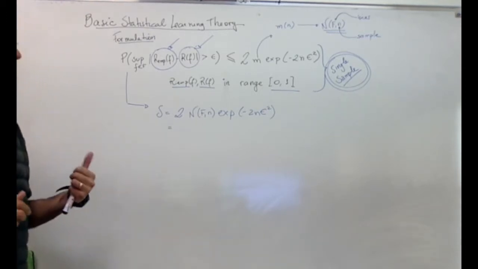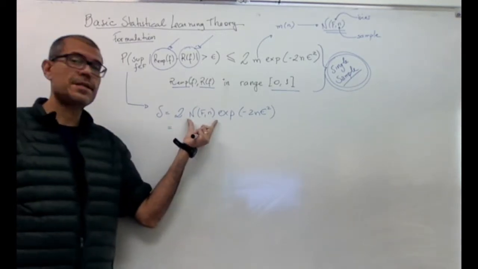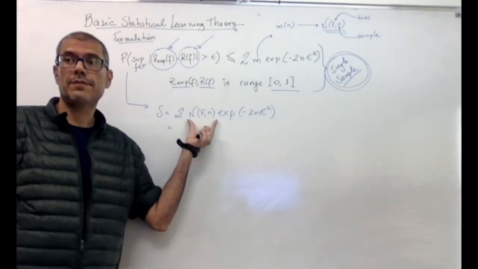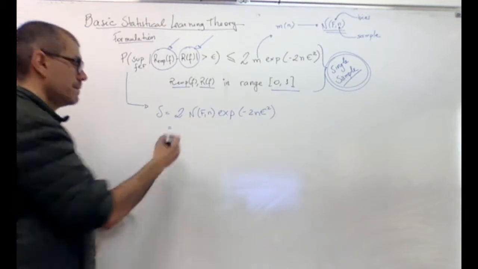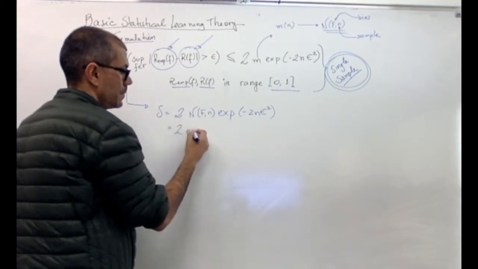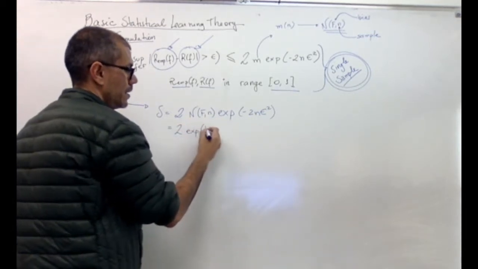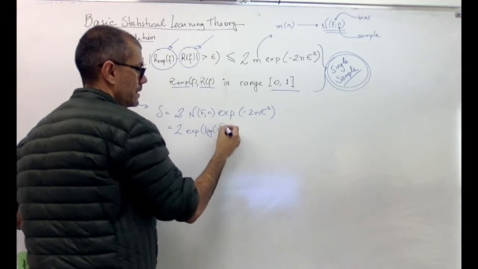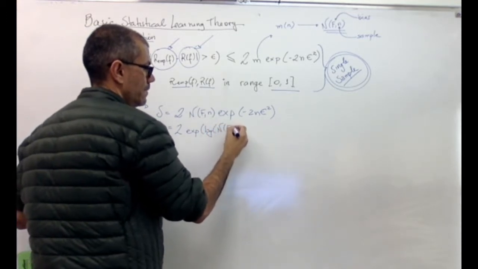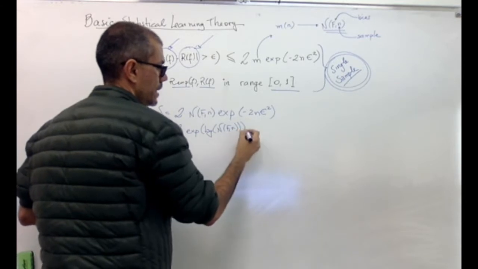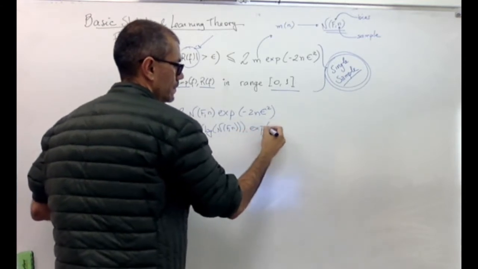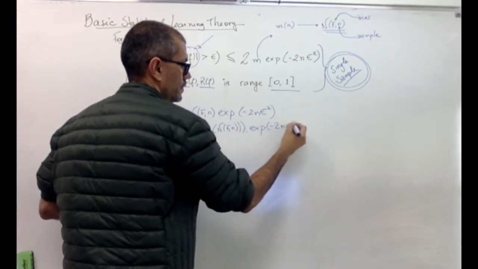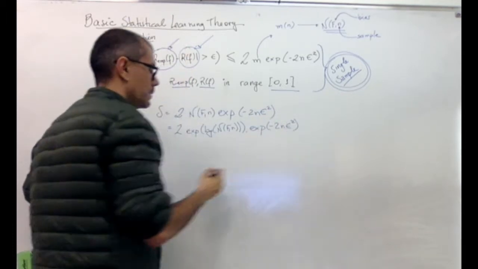As a next step, I will apply an exponential and a log to the Shattering Coefficient to have something like this, times the exponential of -2n epsilon squared.